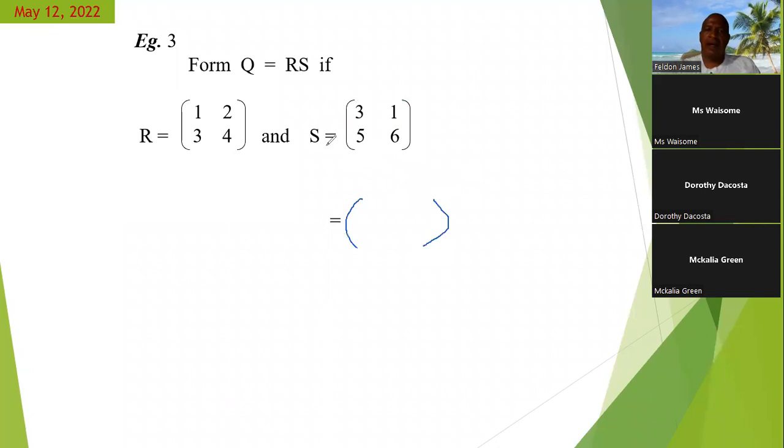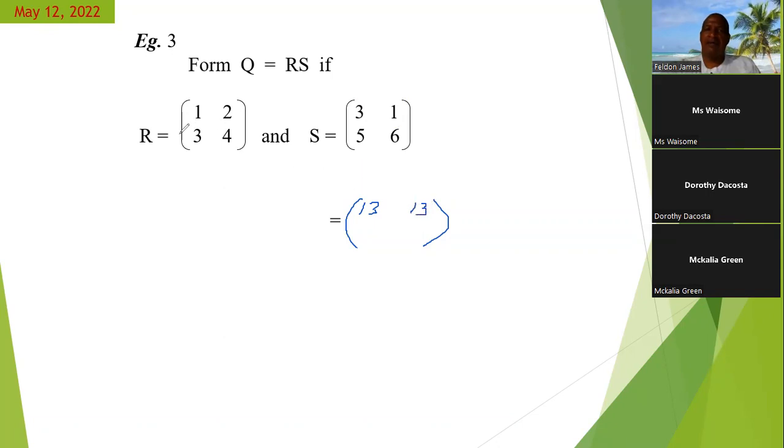All right, so let us run through. We're going to use the first row with the first column. So it would be 1 times 3, 3, plus 2 times 5, 10. 10 plus 3 gives you 13 for that one, right? Now, first row again with second column. 1 times 1, 1, 2 times 6, 12. 12 plus 1, 13 again for that one.